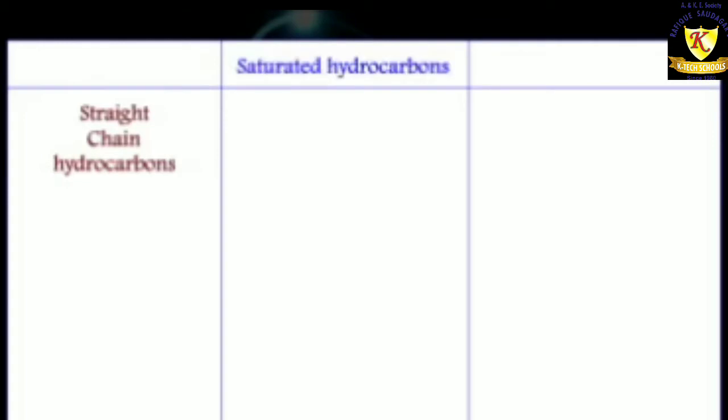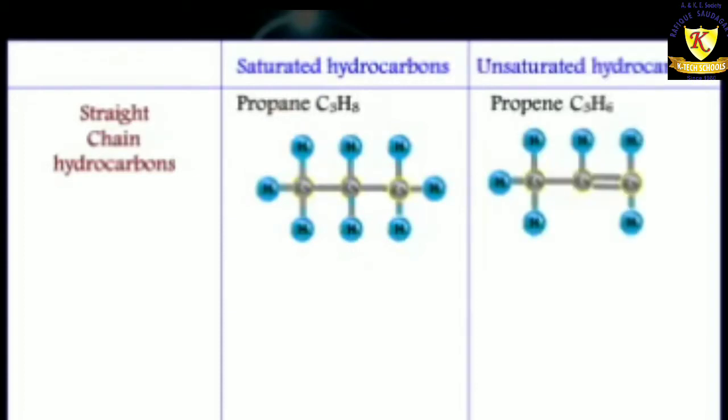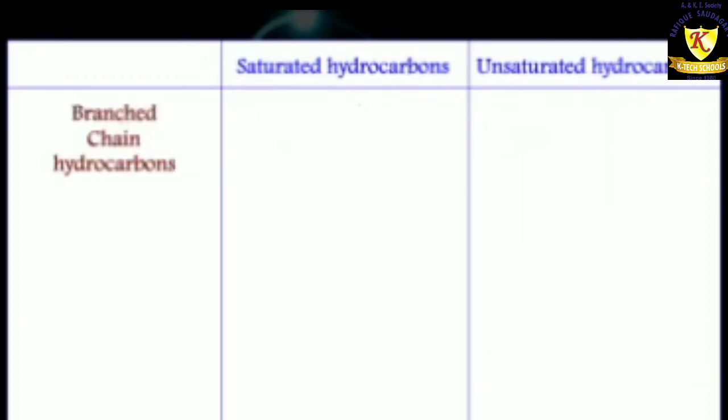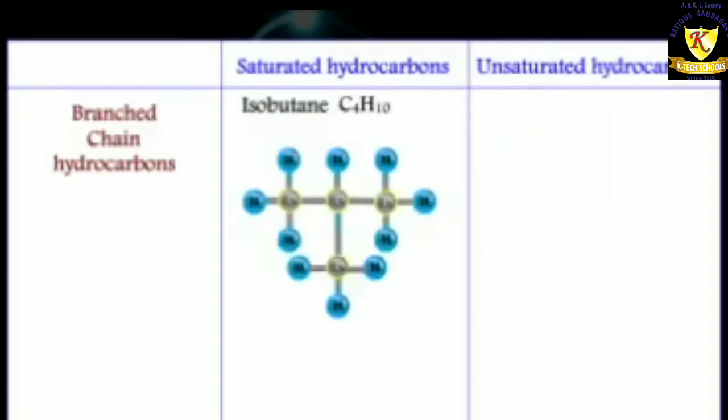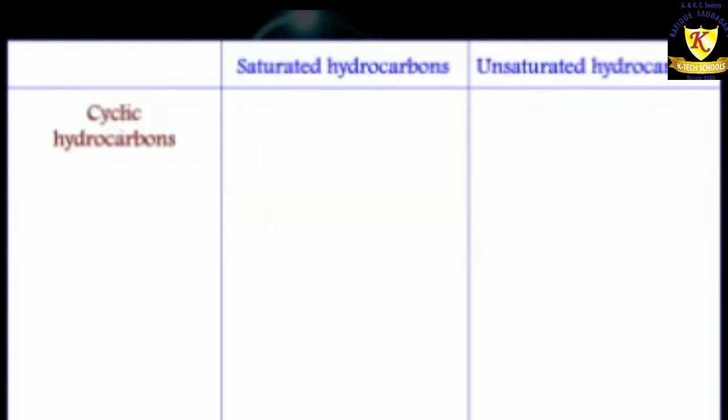The saturated hydrocarbon is propane, C3H8, and unsaturated hydrocarbons are propene, C3H6, and propyne, C3H4. Branch chain hydrocarbons, in which the saturated hydrocarbon is isobutane, C4H10, and the unsaturated hydrocarbon is isobutene, C4H8.